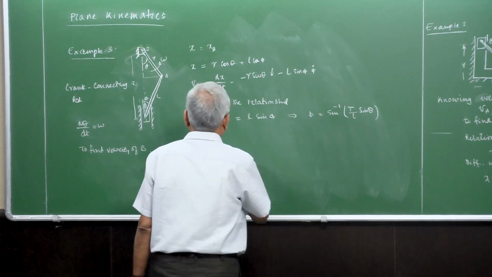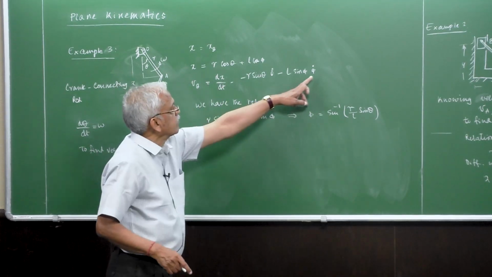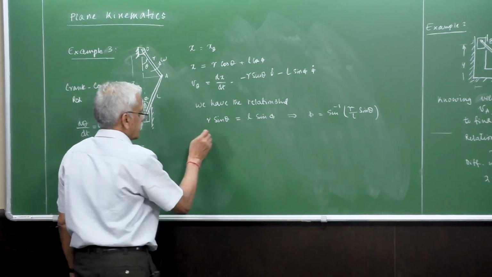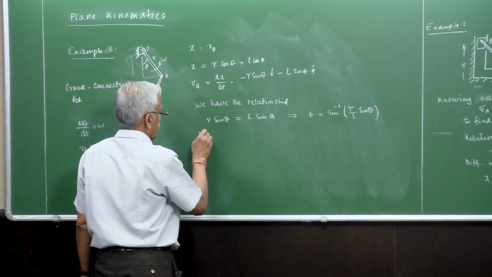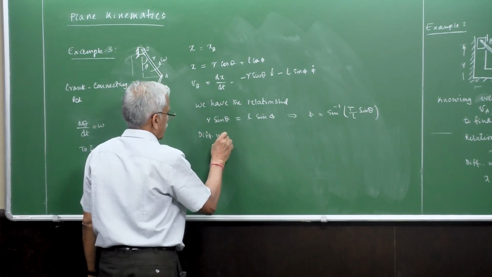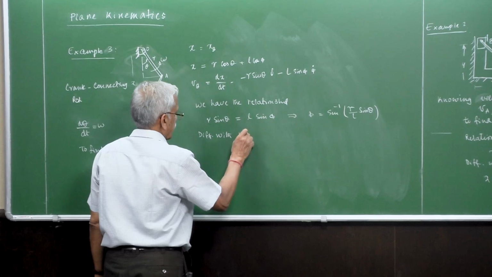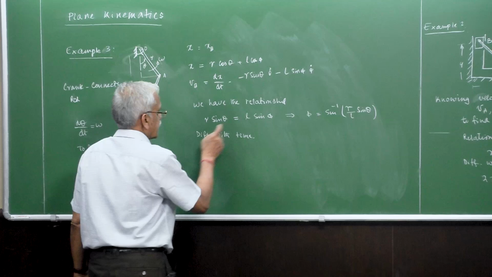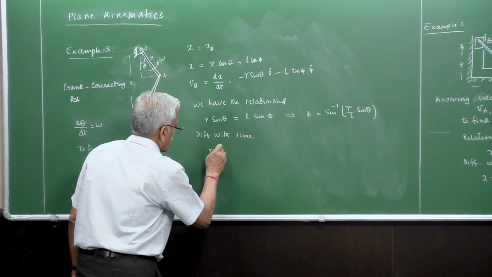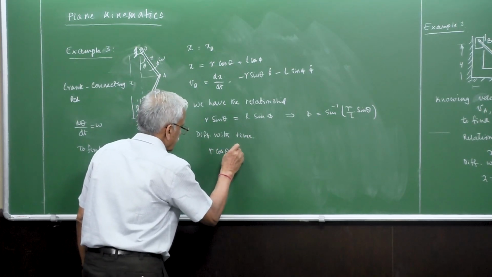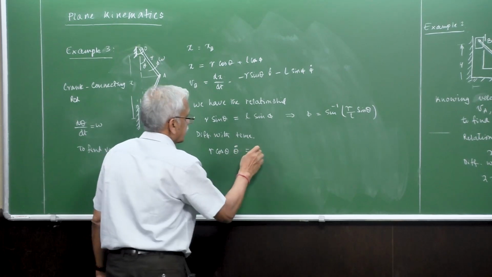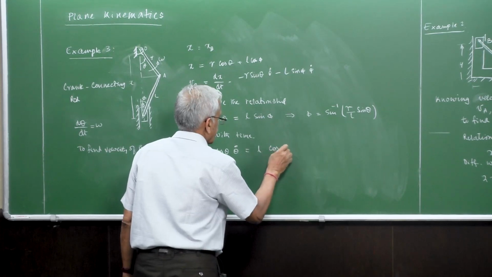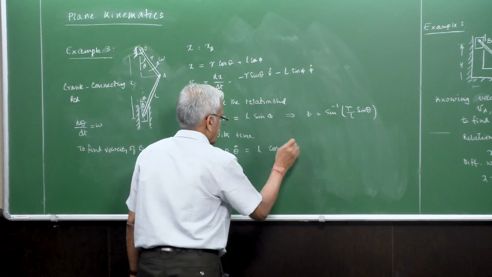Okay. And on the other hand, we also have phi dot here. For that, we have to differentiate this with time. So differentiating with time, we have r cos theta, theta dot, equals L cos phi, phi dot.